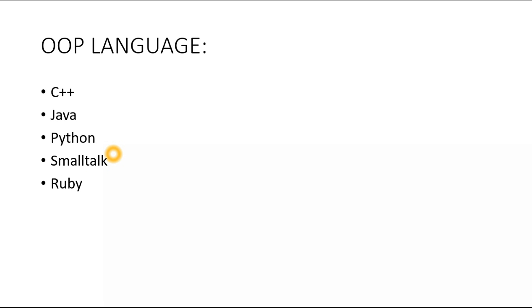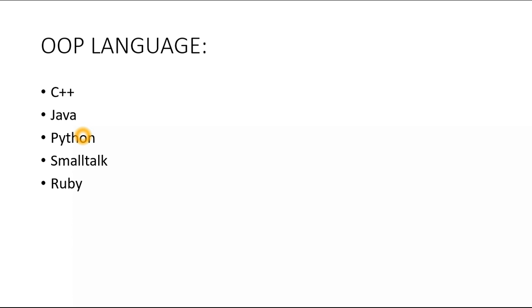And these are the languages that come under OOPS languages: C++, Java, Python, Smalltalk, Ruby, and there are some other languages also that I have not included here. Why are these languages called OOPS languages? Because these languages make use of OOPS concepts, and especially here programs are written using classes and methods, and they use objects for executing the program.